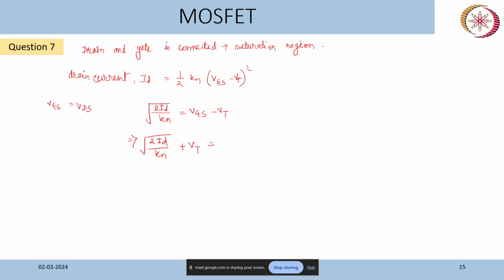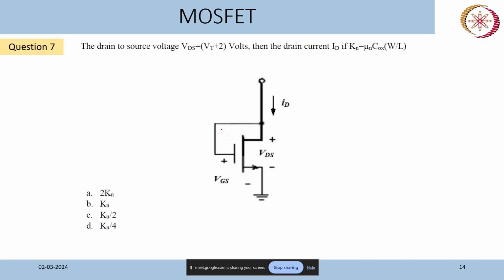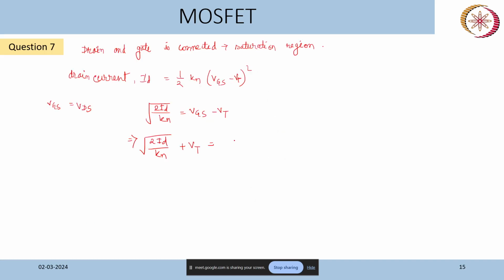VGS is equal to VDS, and that is given as VT plus 2 in the question. So 2ID by Kn equals 4, so ID is 2 Kn.